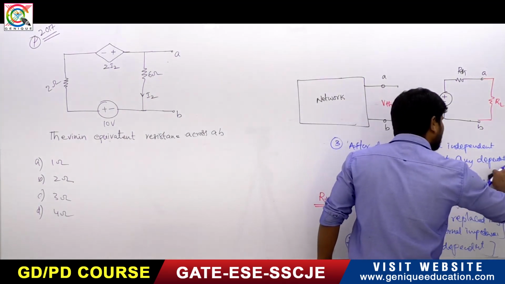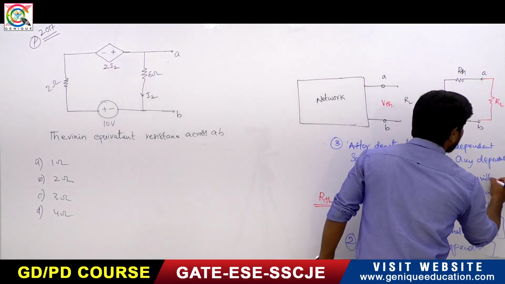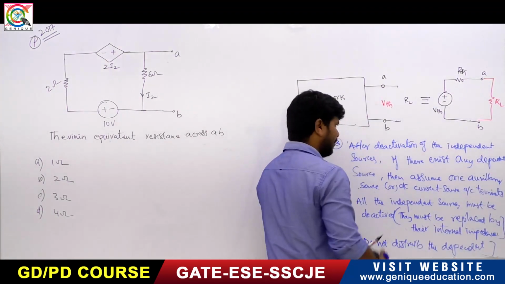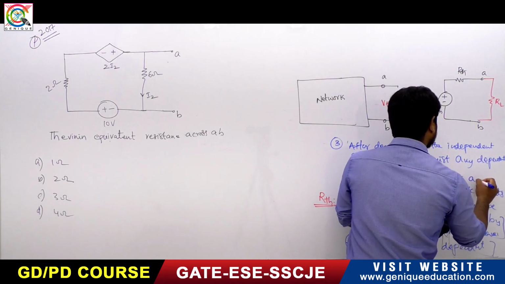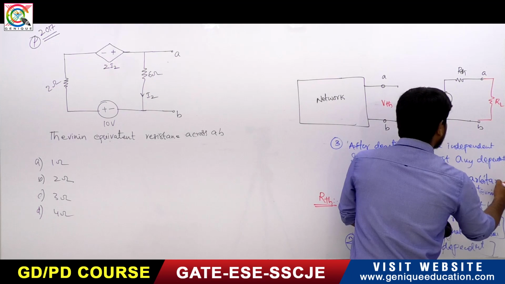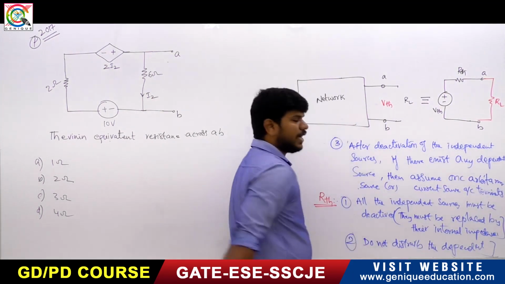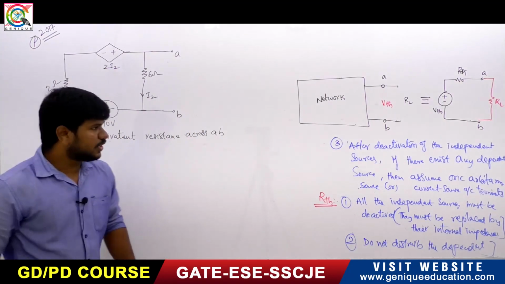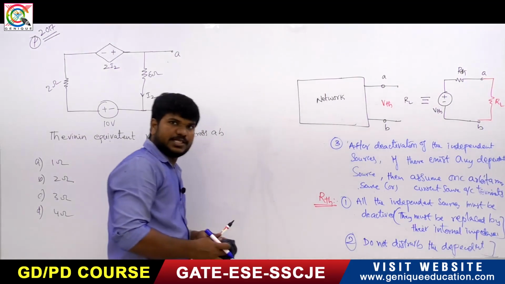Or otherwise you can also write, any auxiliary arbitrary voltage source or current source across the terminals. So this is the point you have to observe, and you can find the VTH.